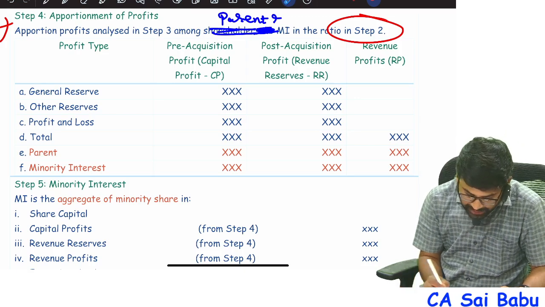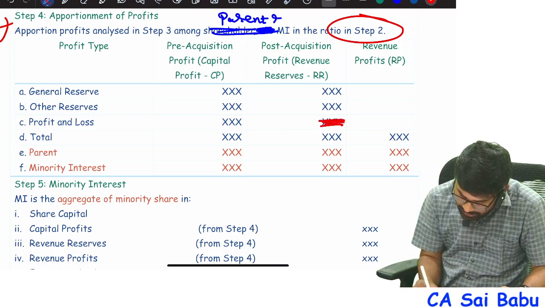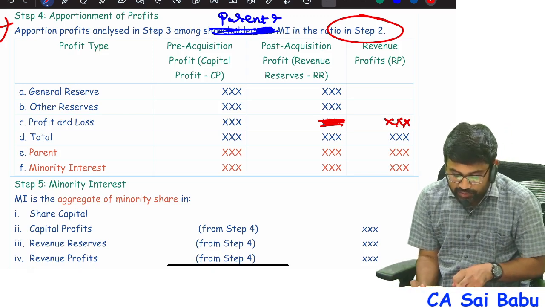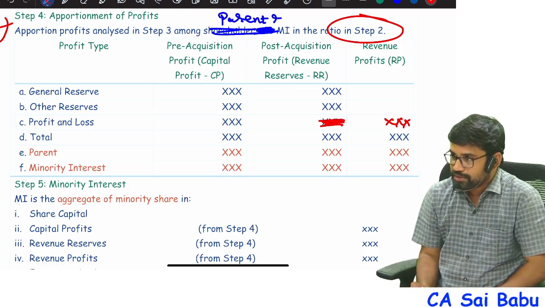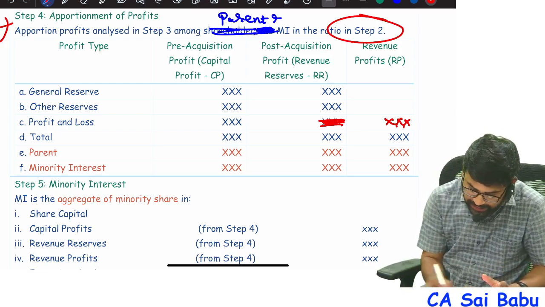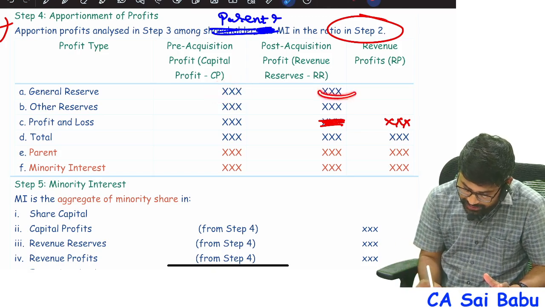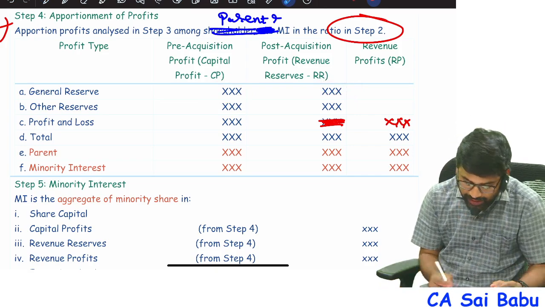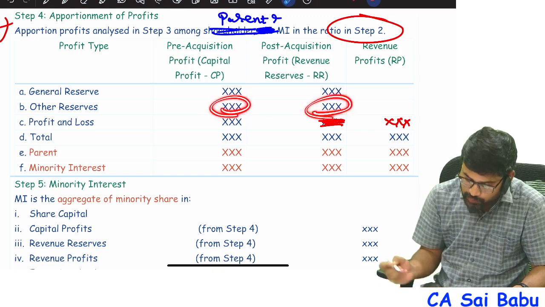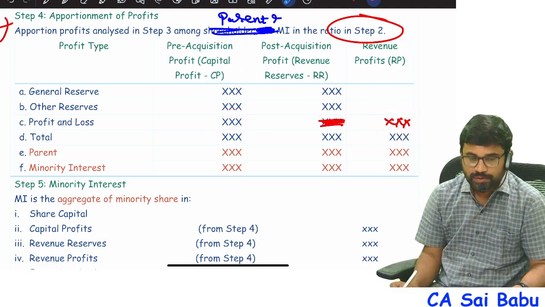Actually when it comes to P&L, the amount should come under revenue profit, because P&L account is revenue profit. General reserve and any other reserve are revenue reserves. Now make a total.